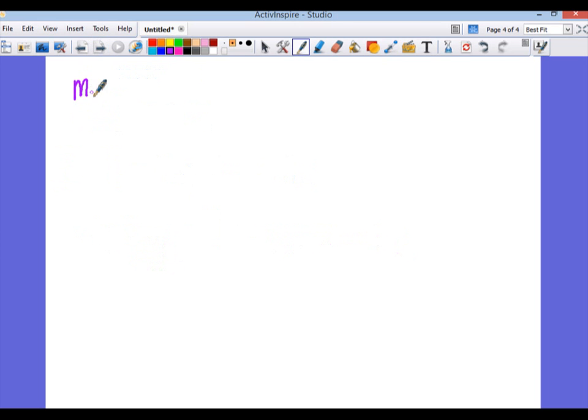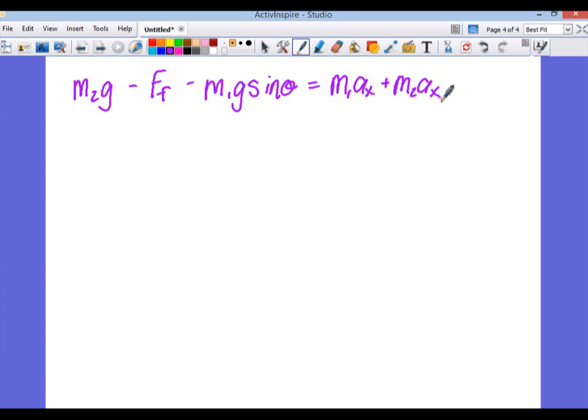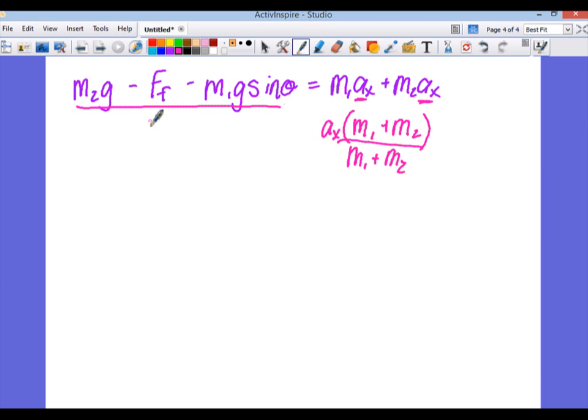So I will have m2g minus the force of friction minus m1g sine theta equals m1ax plus m2ax. Now I'm like, hey, I got an ax in both parts here, so I'm going to factor out an ax, m1 plus m2, and then to get ax by itself, I will divide by m1 plus m2, and so this side gets divided by m1 plus m2.